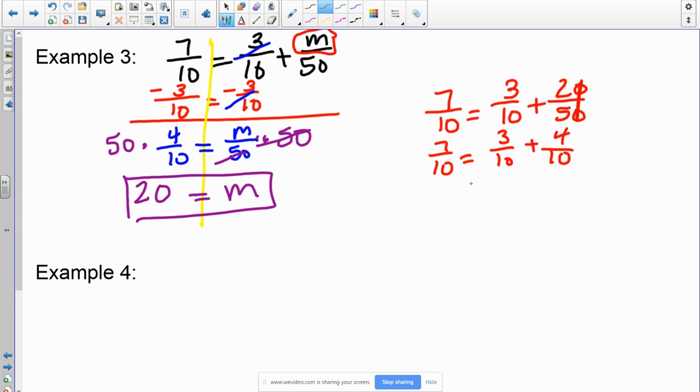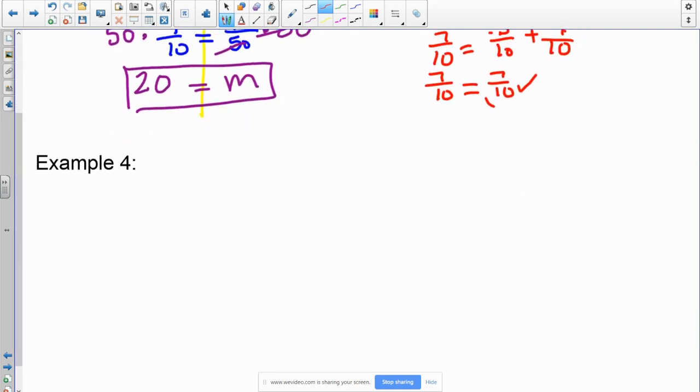Look at my problem. I can simplify it by actually adding that. So I get 7/10, because 3 plus 4 equals 7, and the denominator stays 10. It keeps the same denominator, and notice that 7/10 equals 7/10. Again, if the fraction work makes you anxious, go ahead and put them into decimals by taking the numerator divided by the denominator.